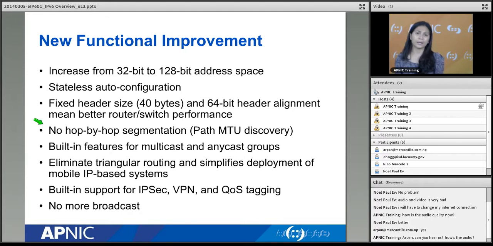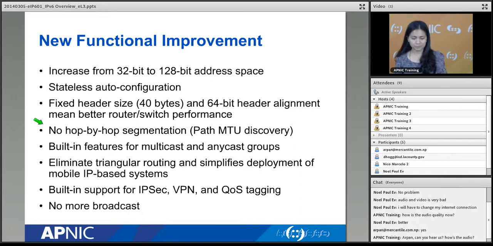With IPv6, that's not necessary. It has knowledge of the MTU size, of the biggest size of the packet, before it formulates and sends that packet out. So that when it sends out, it is the right size to pass through all the links possible. But this is on an optional basis, all right? Meaning it can try and find out the MTU size of the links, but the routers in between have the option to just ignore it.